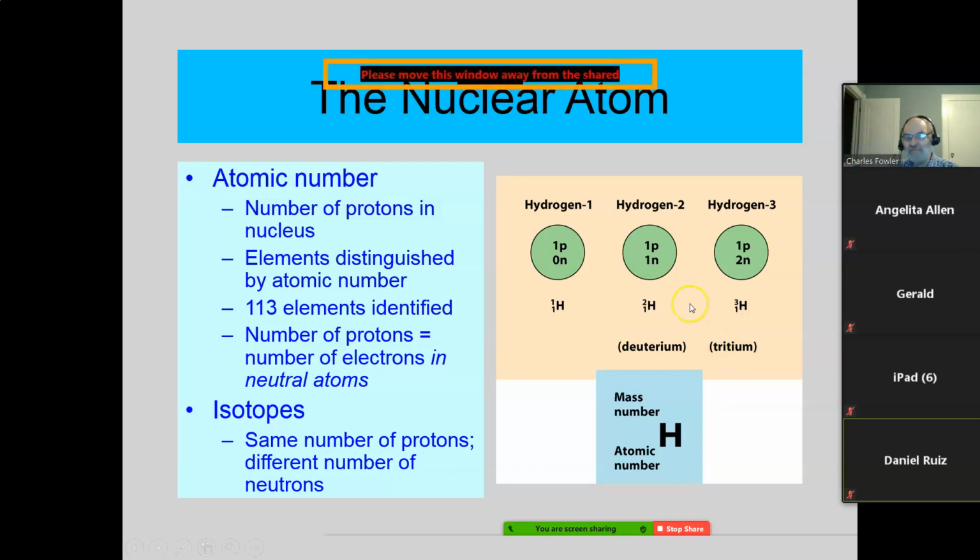Okay? But think of this. Any water molecule that is going to have either deuterium or tritium in it is going to be heavier than the other water molecules, because that hydrogen that's in that is now either deuterium or tritium. And that's going to make what they call heavy water.